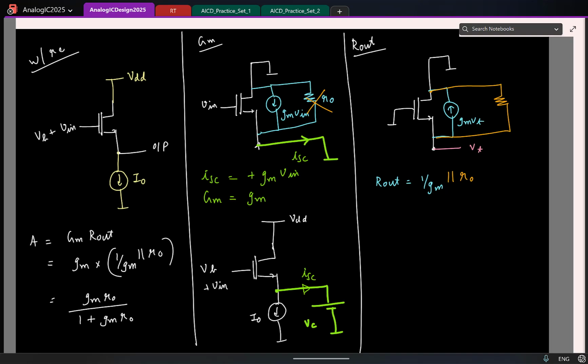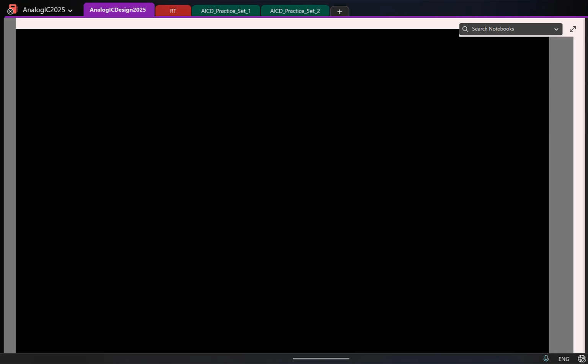Fine, let me move on. Let me summarize. If I have this, as we saw, the looking-in equivalent resistance is how much? 1/gm. With r0, how does it change? Okay, question to you.